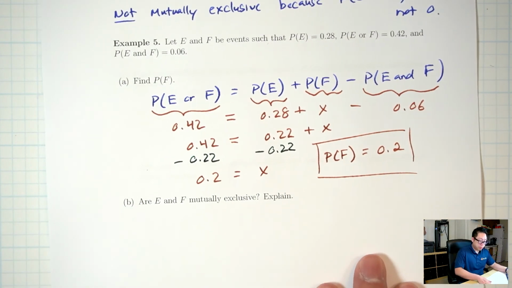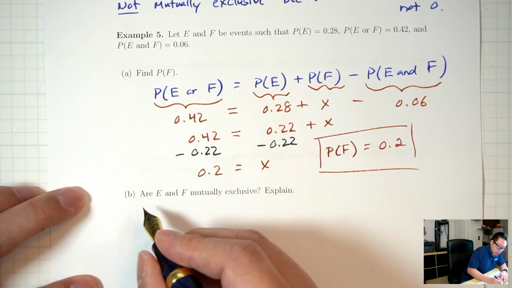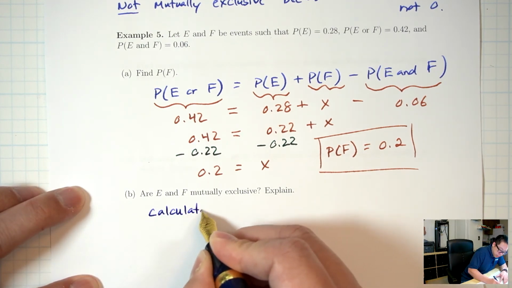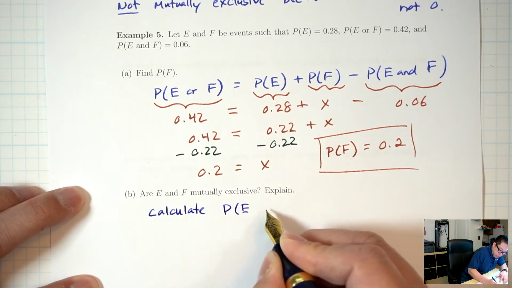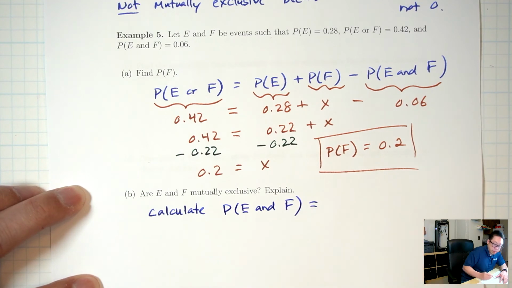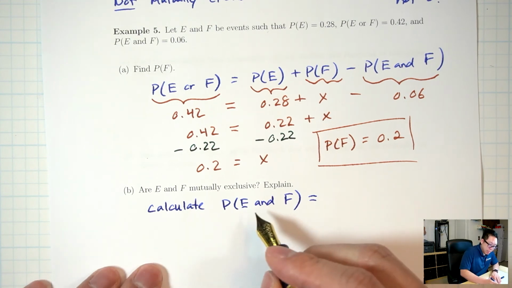And then part B, are E and F mutually exclusive? So anytime I'm asking for mutually exclusive, you should be calculating the and. And what is it here? What is P of E and F?